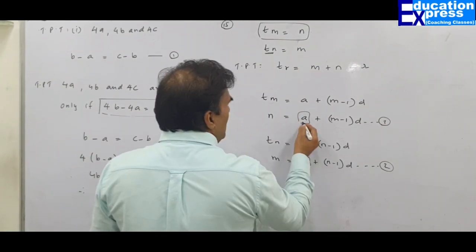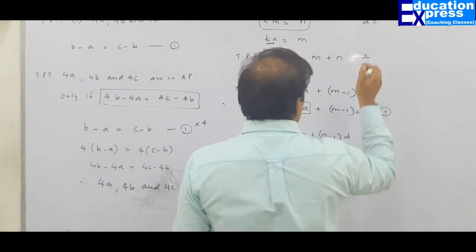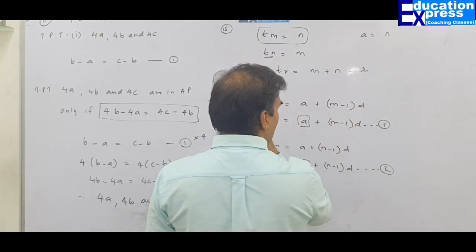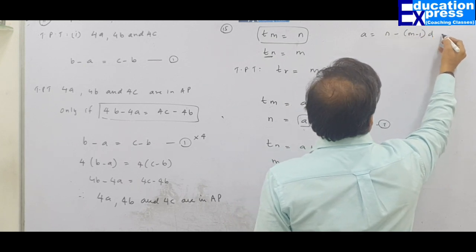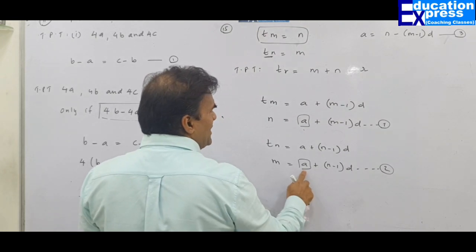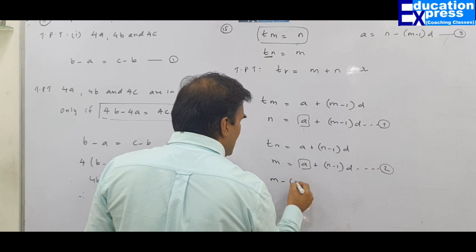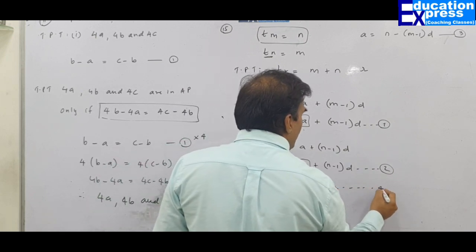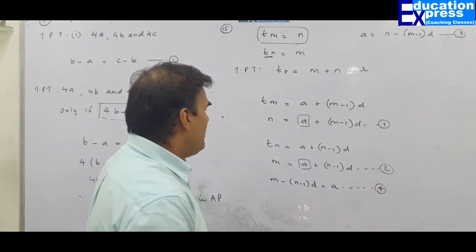Can I say A equals n minus m minus 1 into d? Yes sir, absolutely right. Here also, if I want A as the subject, what can I do? Sir, m minus n minus 1 into d would be A. Perfect. 1, 2, 3 and 4. This is A. Check it out.